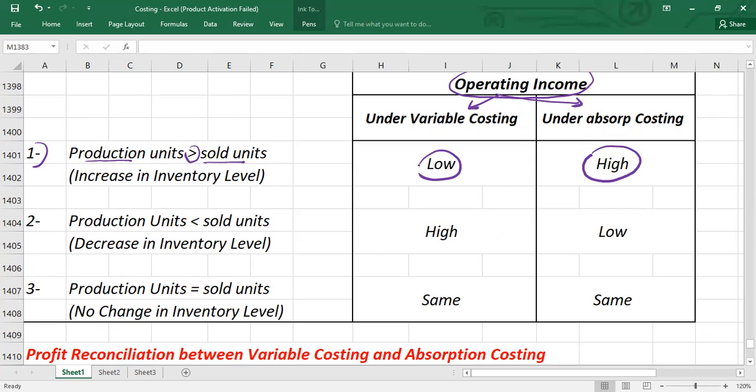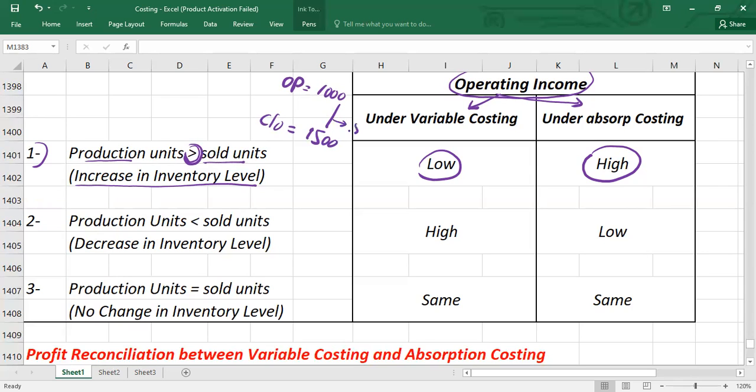And guys, as I told you, production is greater than sales, so sometimes it is also given as an increase in inventory level. What does increase in inventory level mean? For example, if your opening inventory is 1000 units and your closing inventory is 1500 units, you can see here it is an increase in inventory.